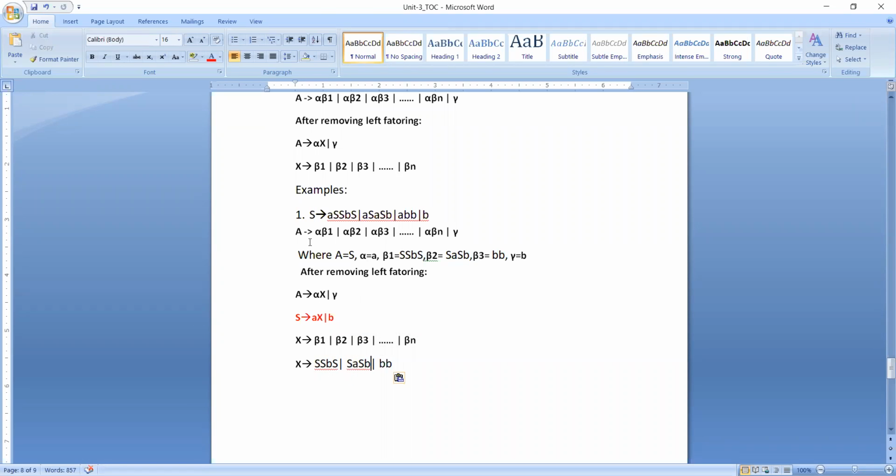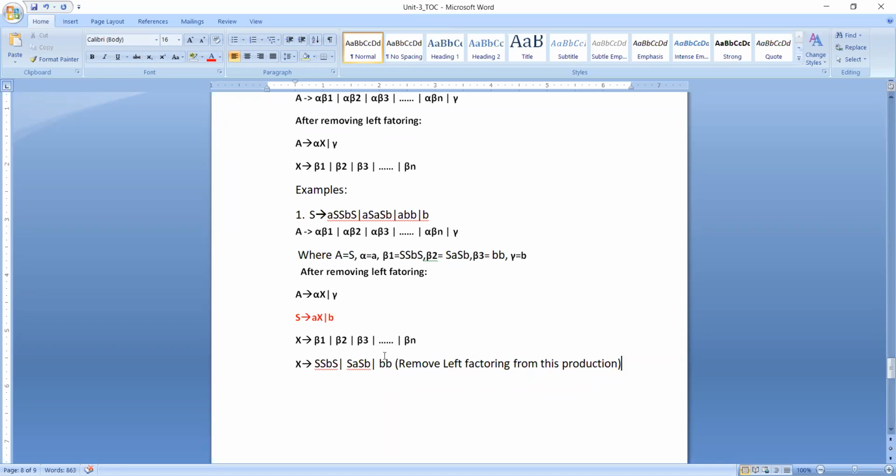Is it available in this form, something like alpha beta 1 or alpha beta 2? Yes, it is available in the same form. That is the reason why we again need to apply left factoring. So here also I am going to write: remove left factoring from this production.